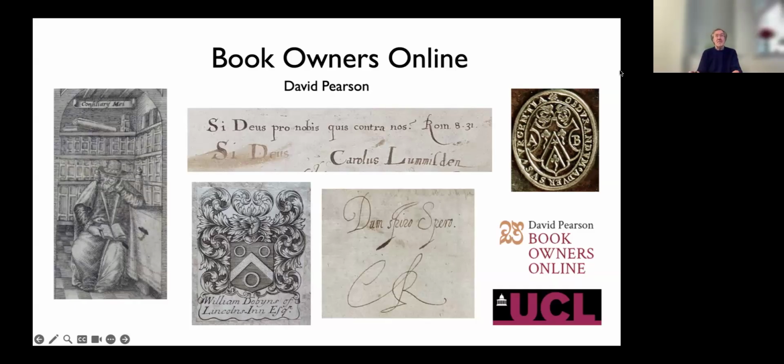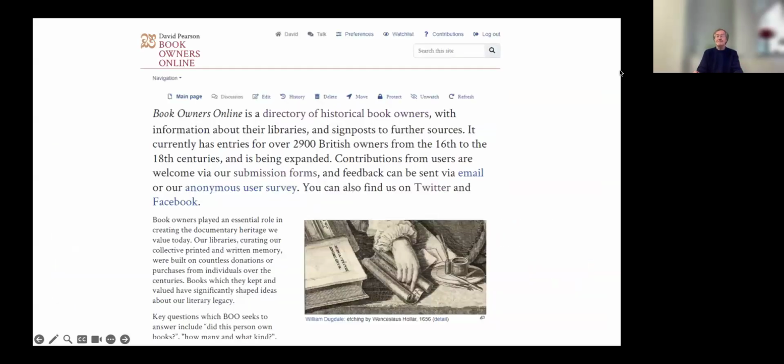So what it is, Book Owners Online, is, I hope, what it says on the tin: a freely available online database about historic book owners. It contains a lot of data, a lot of information, entries about people who owned private libraries, historical book ownership, principally British book owners between the 16th and the 18th centuries.